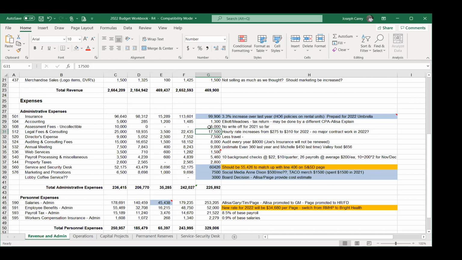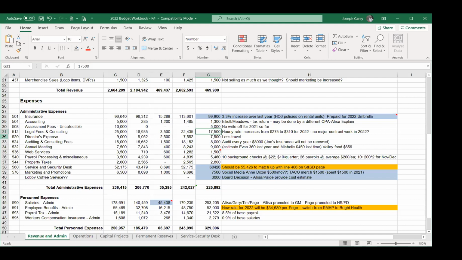So that 5,000 would cover us on one instance for at least a year, maybe a little more than a year's worth of non-payments.